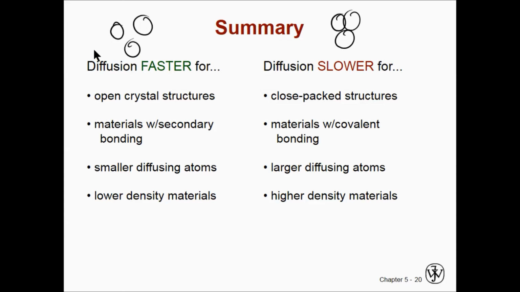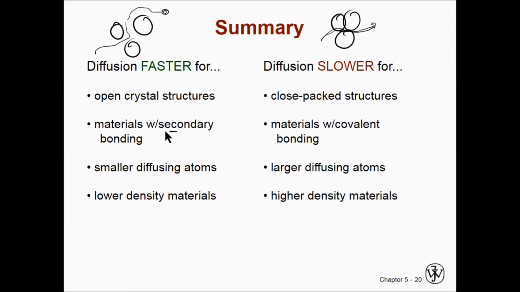If in the open crystal structure I have this empty space to move through, I will have faster diffusion. In a close-packed structure, let's say it's not exact, but it's hard to move through, so diffusion will be slower.